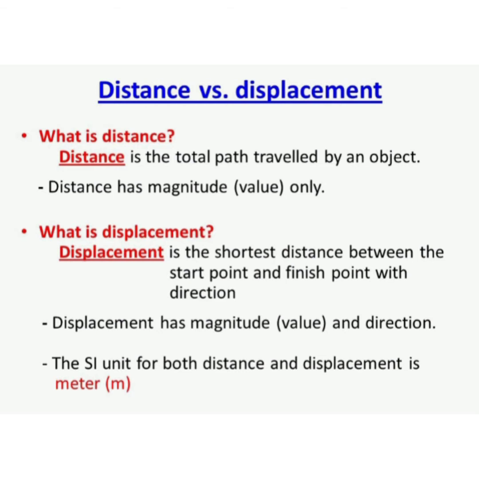So, distance is a scalar quantity. Displacement is the shortest distance traveled by an object from its initial position to its final position in a particular direction. So, displacement is a vector quantity.